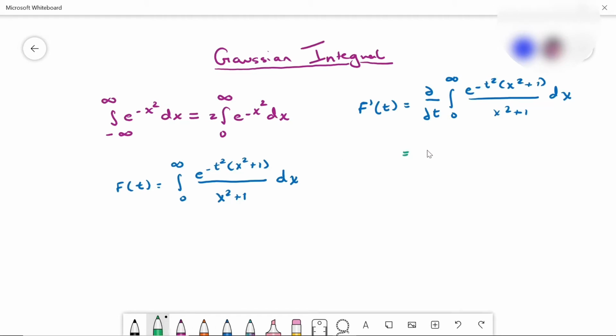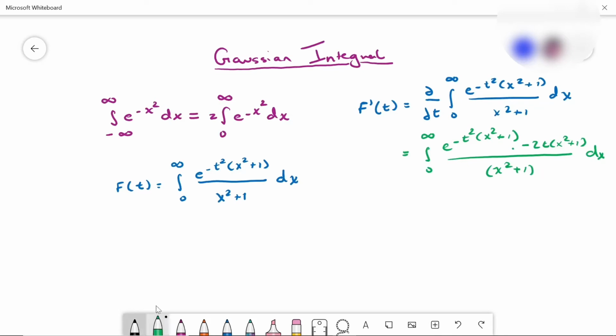So that's going to be equal to the integral from 0 to infinity. Well, this is just e to the power of a function. So we're going to have the e to the power of that same thing, and we're going to multiply that by the derivative of the function on the top, which is times minus 2t times x squared plus 1, all of that divided by x squared plus 1 dx.